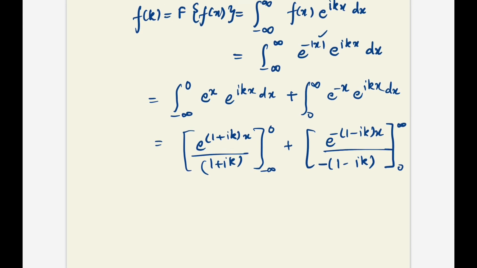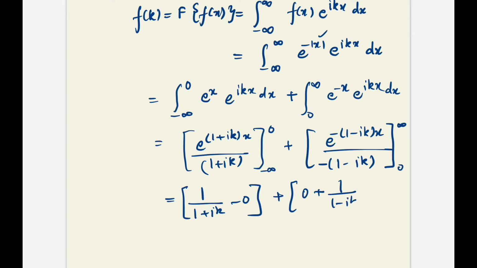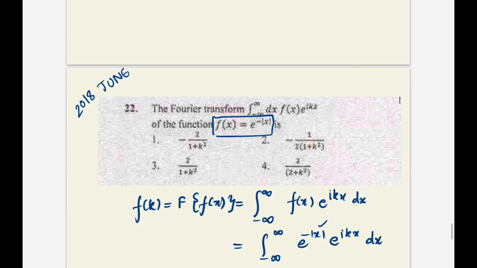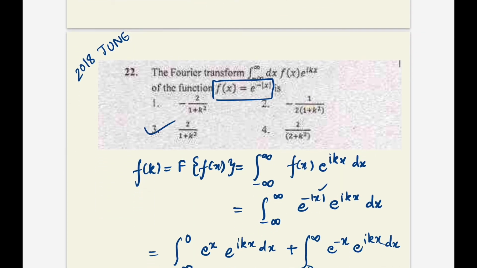Now this comes out to be 1 over 1 plus ik minus 0 plus 0 plus 1 over 1 minus ik. This becomes 2 over 1 plus k square. Okay, so this is the answer, and if you check, this is option 3.